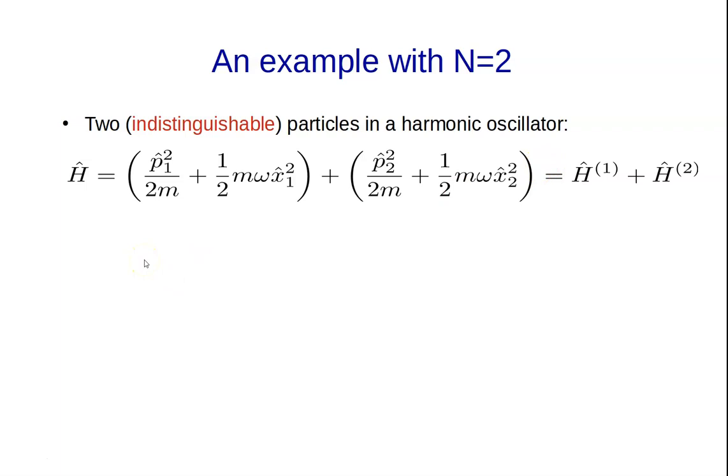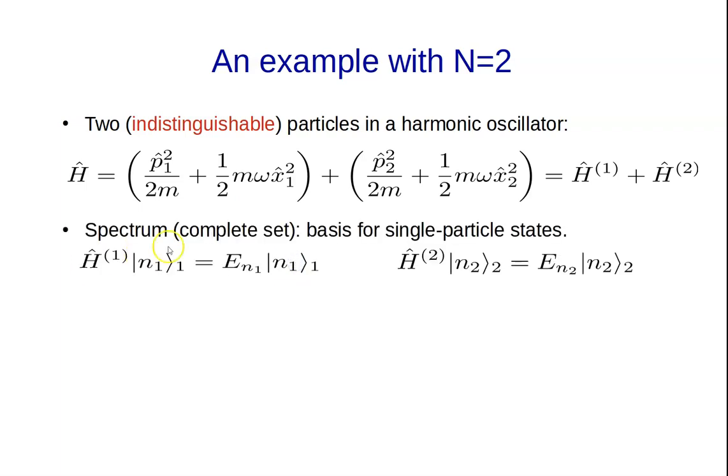So let's see what we get from this. The spectrum for the single particle states we know is the spectrum for the harmonic oscillator. And then we have the spectrum for each of these two operators. They in fact have the same spectrum because these are indistinguishable particles. They have the same mass, same frequency, right?